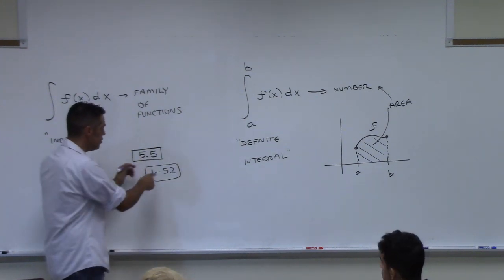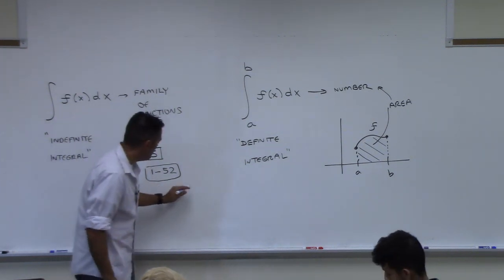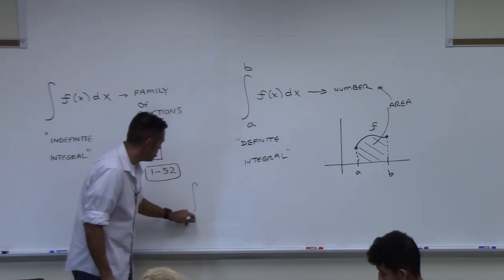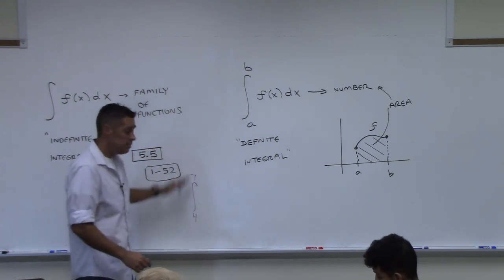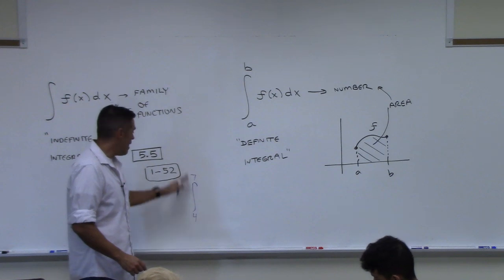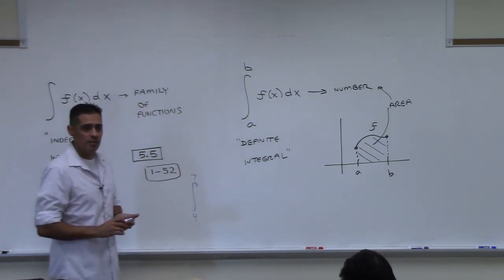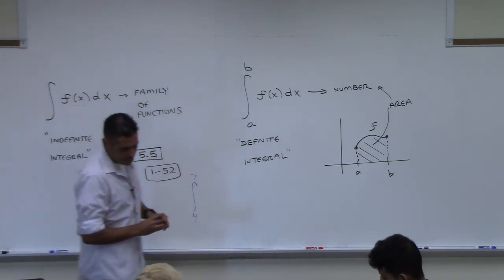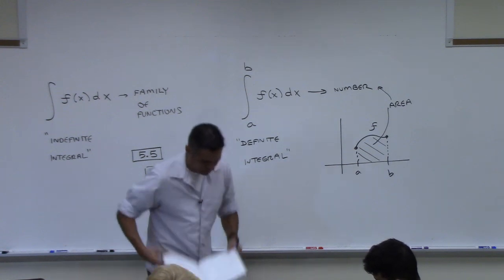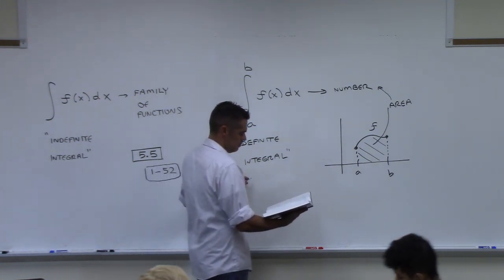Okay, so when you're doing this homework, some of the problems are going to have numbers. Just ignore the numbers. So for example, there's a problem here that says, let's see.